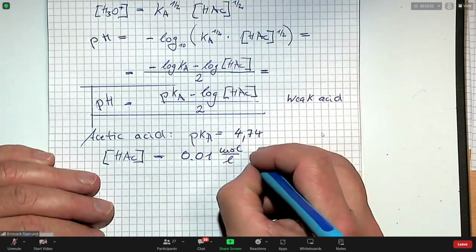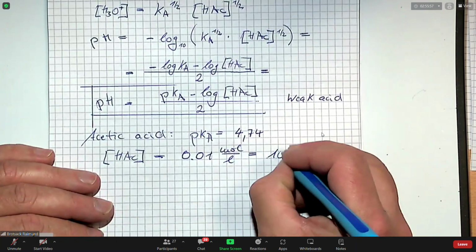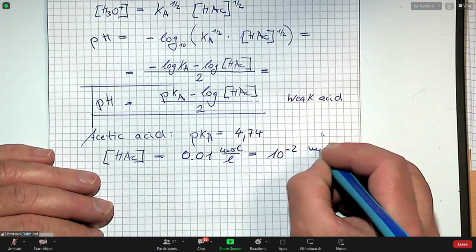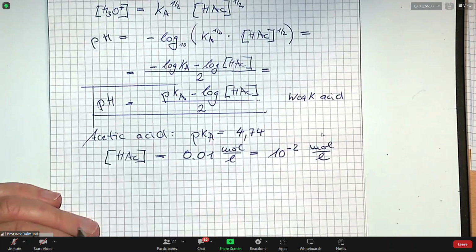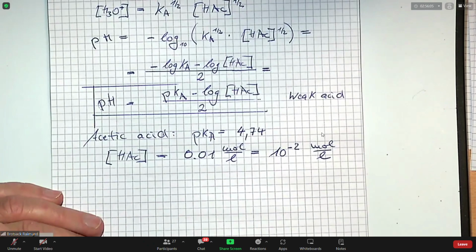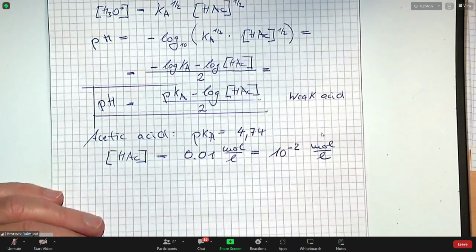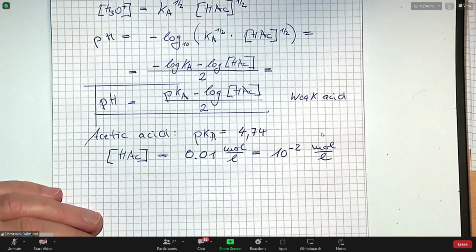Transforming it, it is 10 to the power of minus 2 mole per liter. And now we have to calculate the pH of this solution of acetic acid with 10 to the power of minus 2 mole per liter in water.